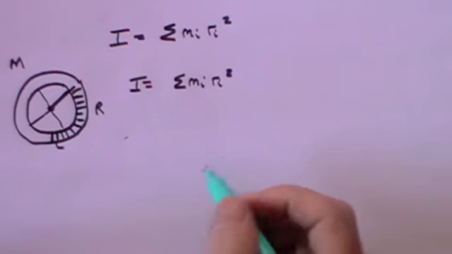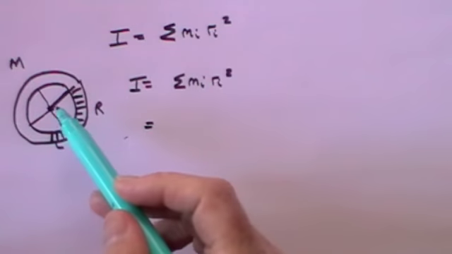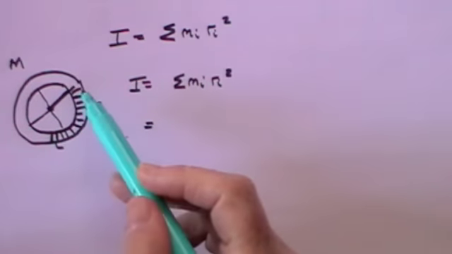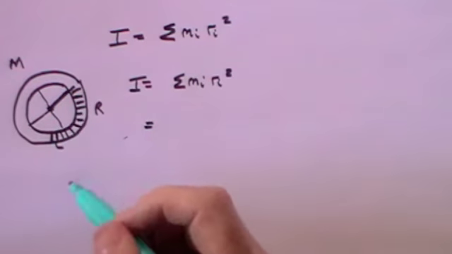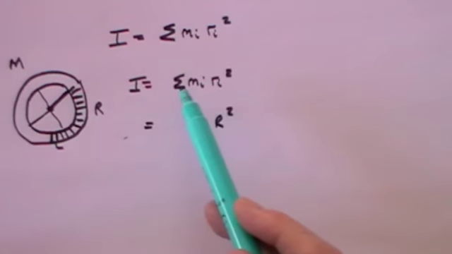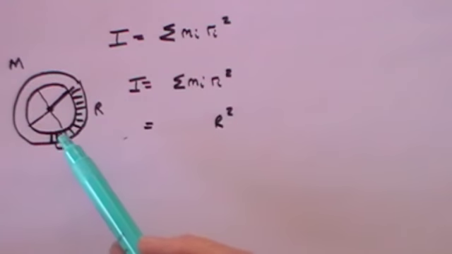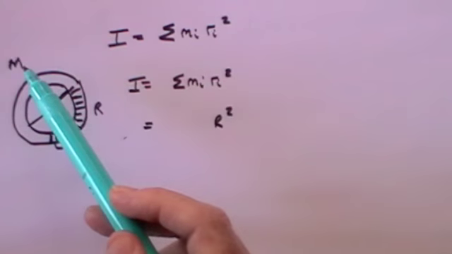Well, this is actually fairly trivial, because the radius is always r. All of these little elements are all exactly r from the centre. So Ri squared can be replaced by the radius squared. And what is the sum of all the masses? Well, the sum of all these individual masses all the way around the ring is the mass of the ring.